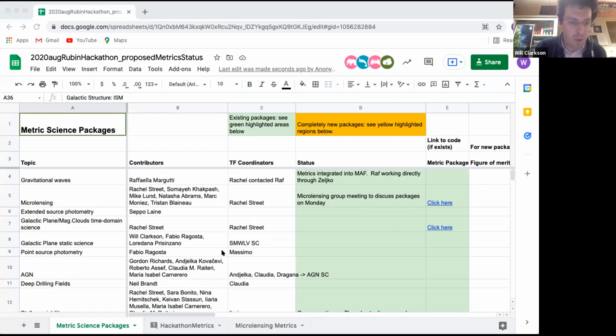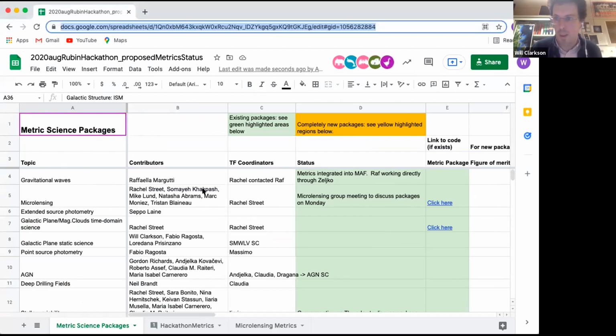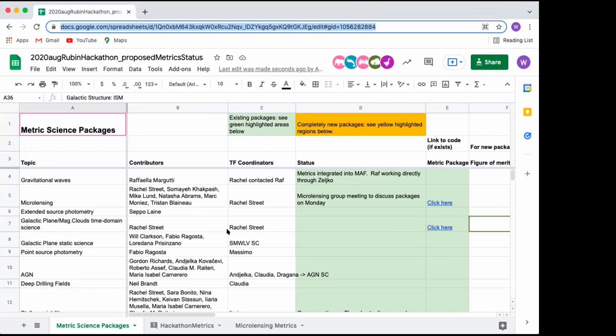So you should all be seeing now the spreadsheet tab. There should be a fairly bewildering spreadsheet. Is that correct, or do you see something else? We see your spreadsheet. Thank you very much.